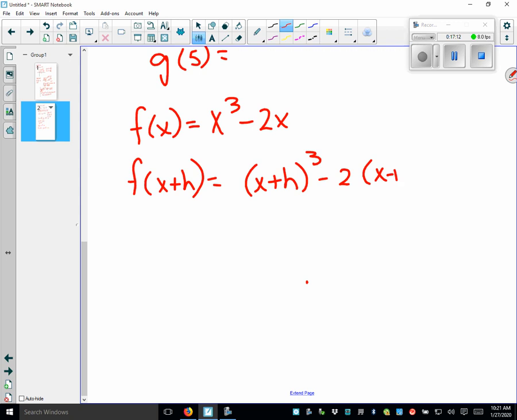Is it this? Yes. If you don't remember it, then write down x plus h times x plus h times x plus h and multiply it out. Don't just say, especially on the test, oh my gosh, I don't remember this, I can't do it. You can do it. It's just the long way.